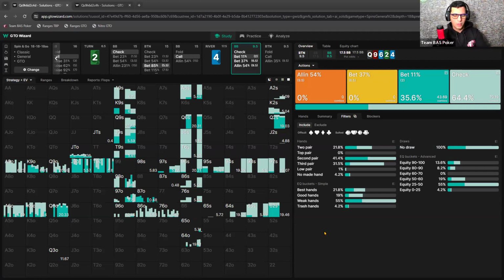So this kind of block bet is basically just a thin value bet and protection. But this is 11%, which is two big blinds. 20% or 25% will be something around 4 and 5. We are at 9.5, so it's going very, very shallow and giving you some kind of ridiculous odds when you are doing it that way.